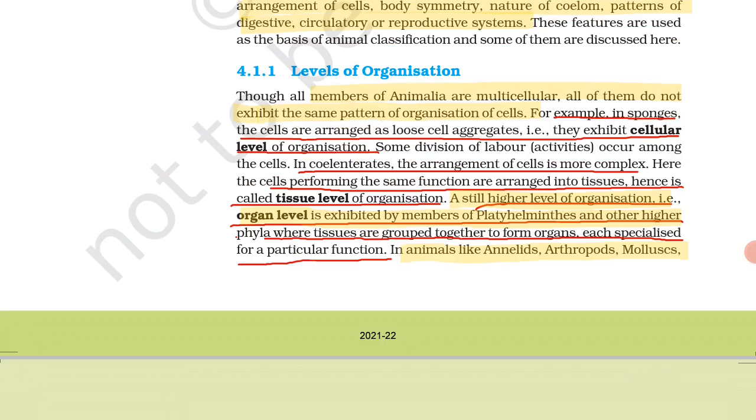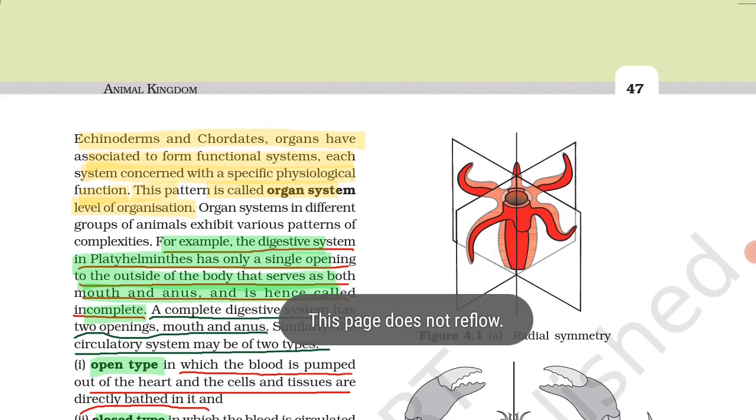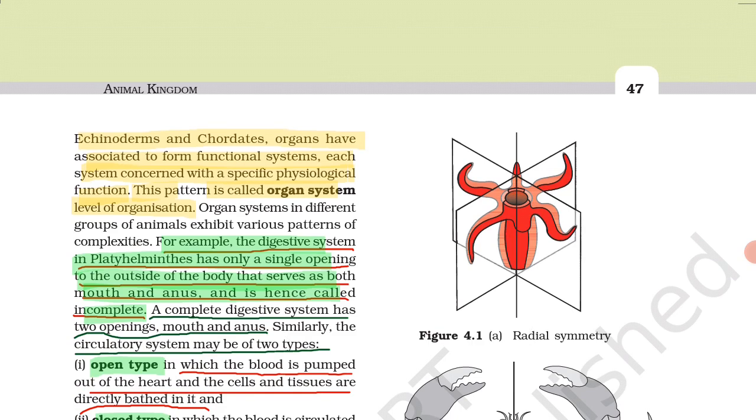The examples are annelids, arthropods, molluscs, echinoderms and chordates, because they have various organs to carry out various physiological functions.